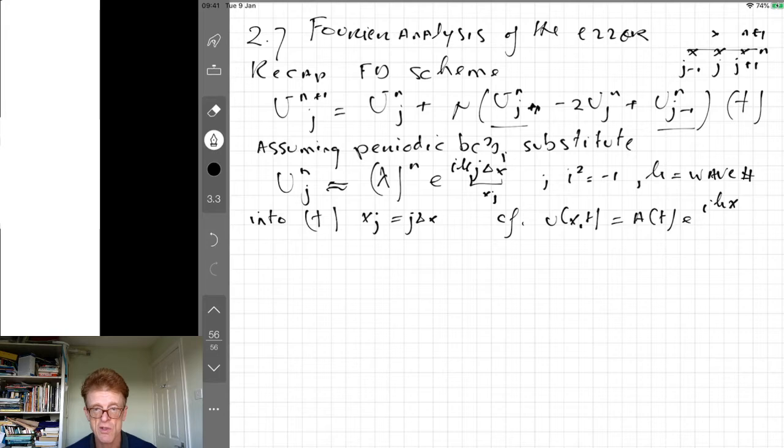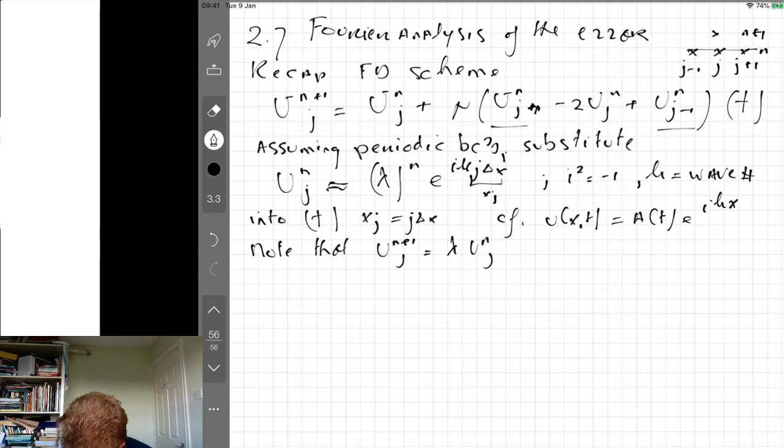This substitution you make, so u_j^n is lambda to the power n times e to the power ikj delta x. You put it in the difference equation. So note that u_j^(n+1) is lambda times u_j^n, because you get lambda to the power n plus 1, which is lambda times lambda to the n, and therefore that's the case.